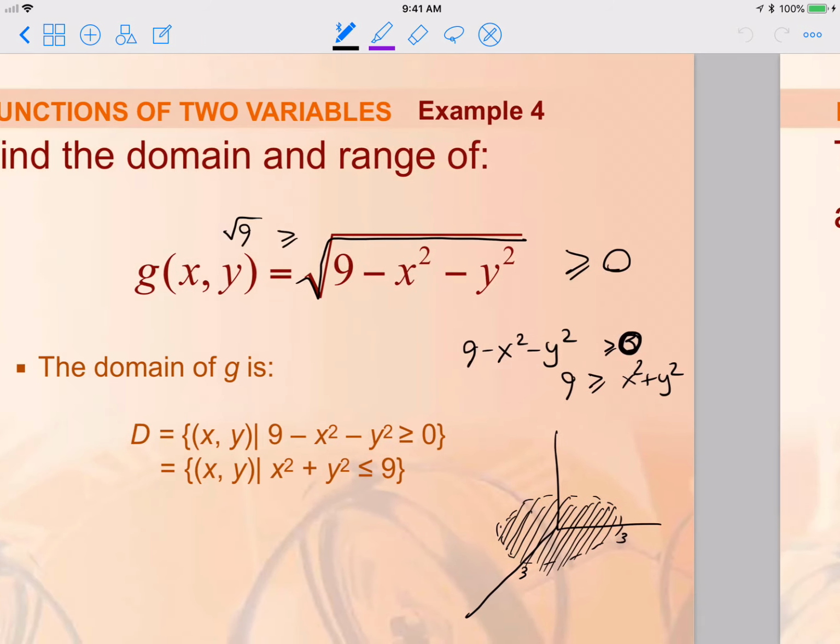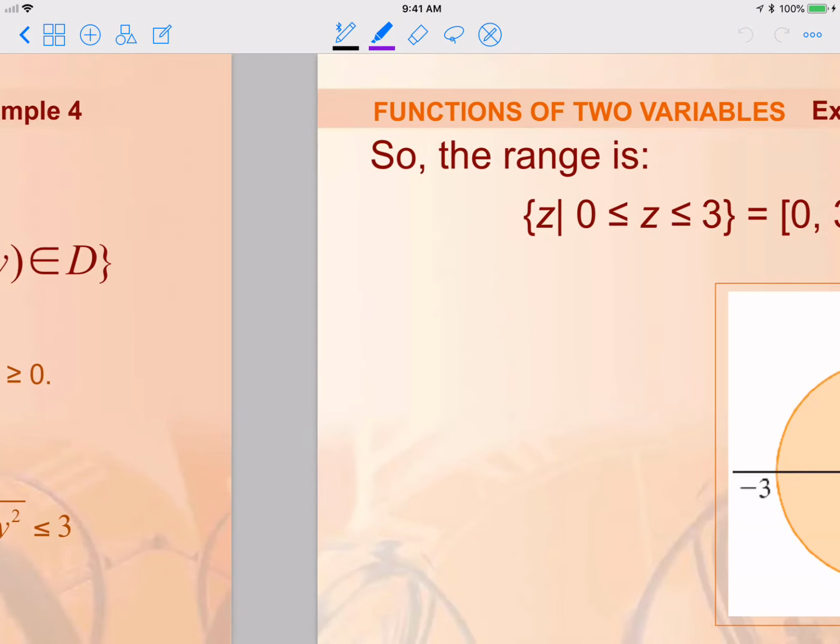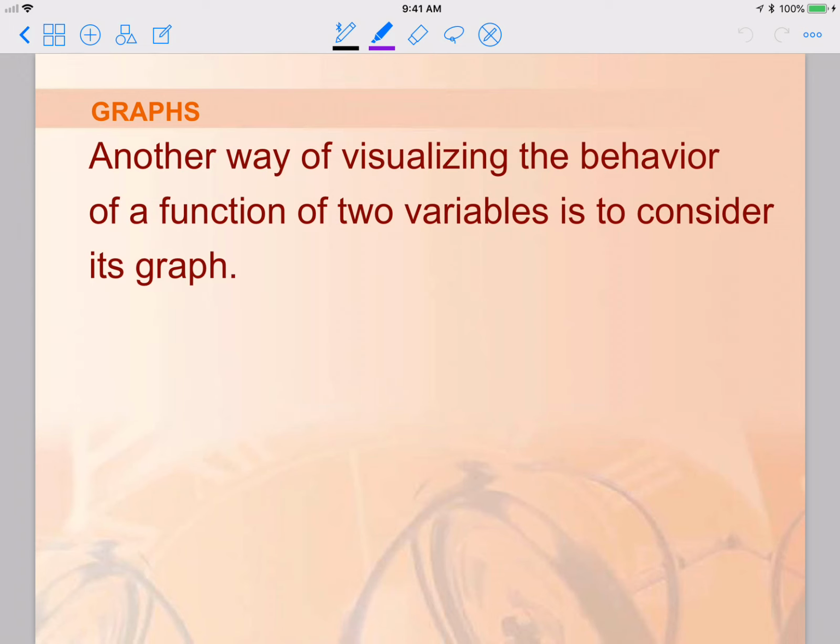In terms of the picture, this tells us that the graph isn't going to be above 3 units. Does that make sense? Whatever the graph is, it fits in that little shape there, because the range has to be between 0 and 3. Okay, and the next thing we'll talk about is graphs.